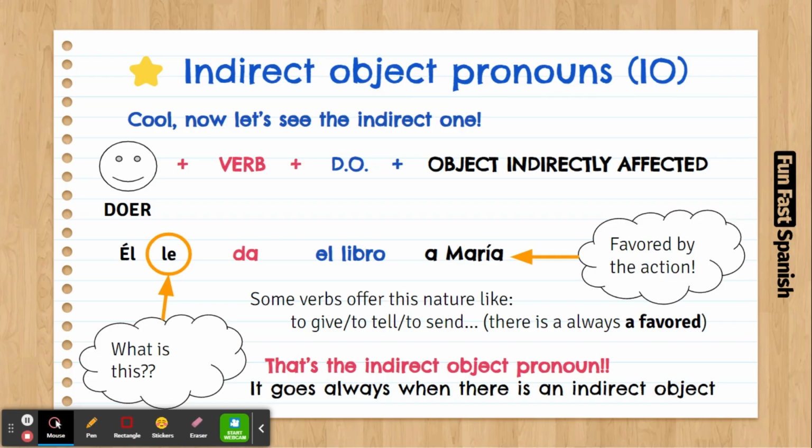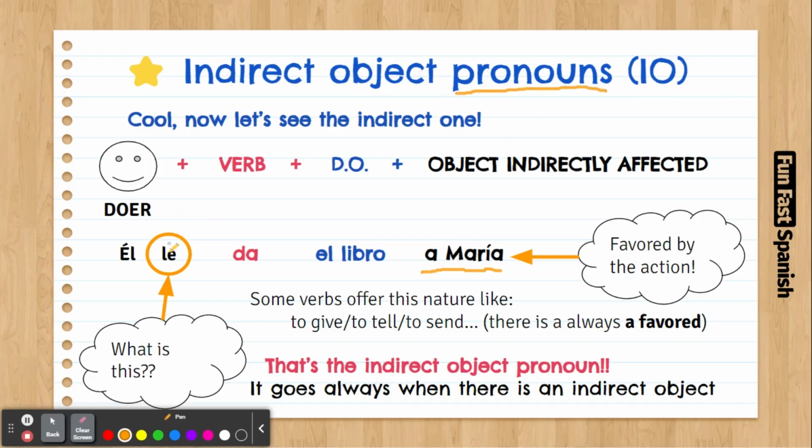And in Spanish, we are redundant with this. We say, I give her the book to Maria. I give her the book to Maria. Or I give him the book to Antonio. It's redundant. So this le pretty much means her or him, which is the indirect object pronoun.